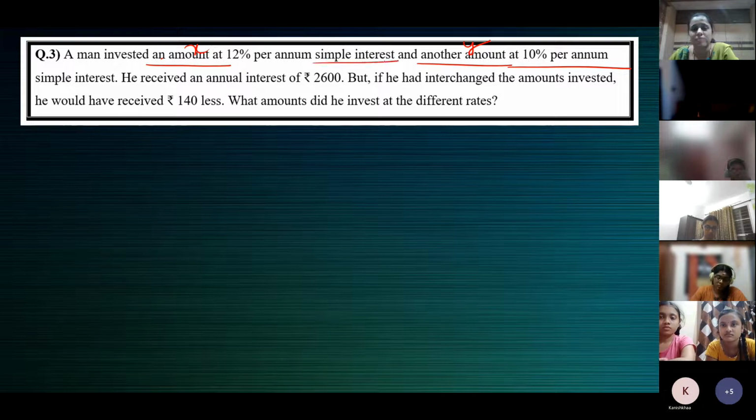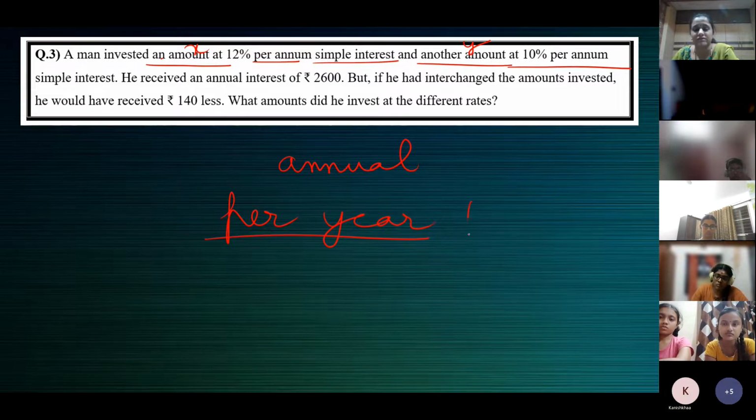Simple interest, not compound interest, simple interest. Annum, annual, per year, meaning for 1 year.